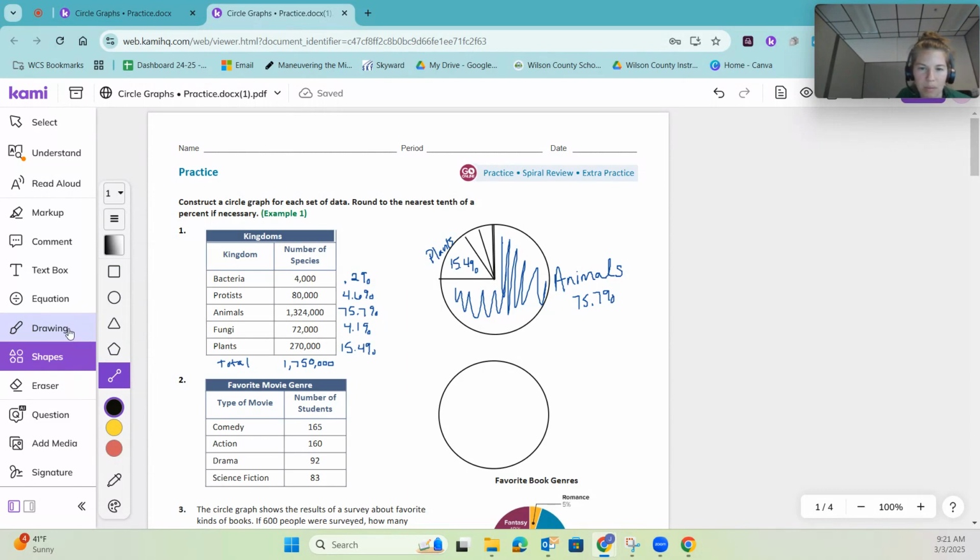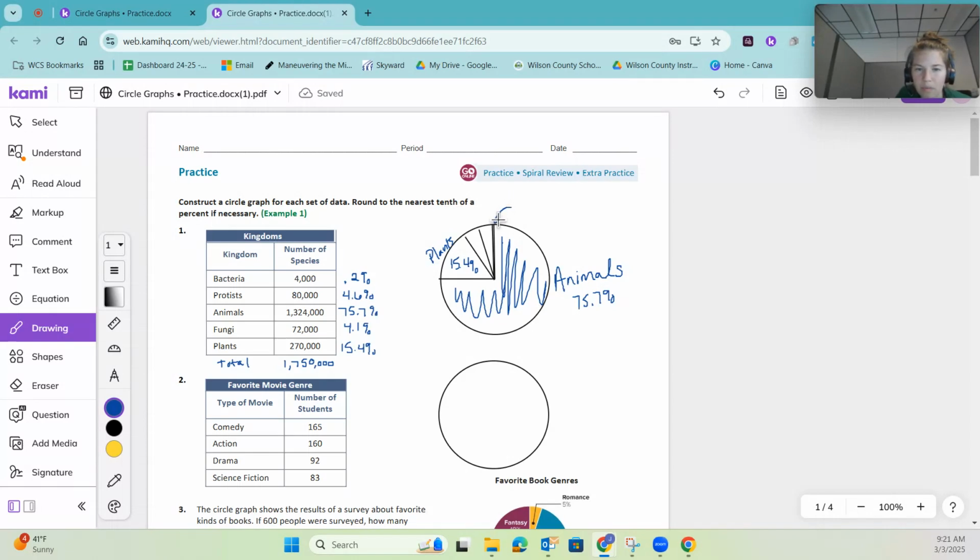That's even probably more of the graph than it deserves, but just so it is seeable, that is going to be bacteria. And then this is going to be protists, and this is going to be fungi, with our percents, 4.6 and 4.1%.